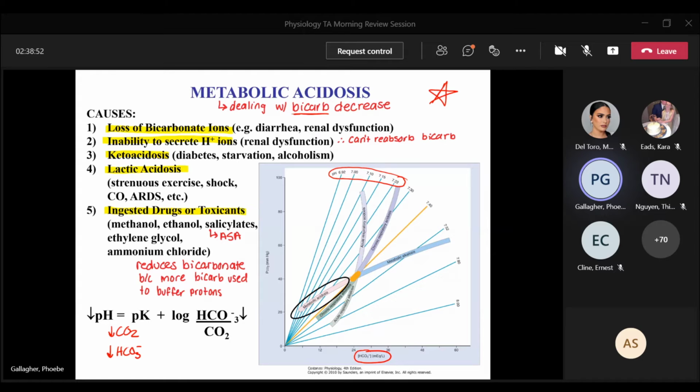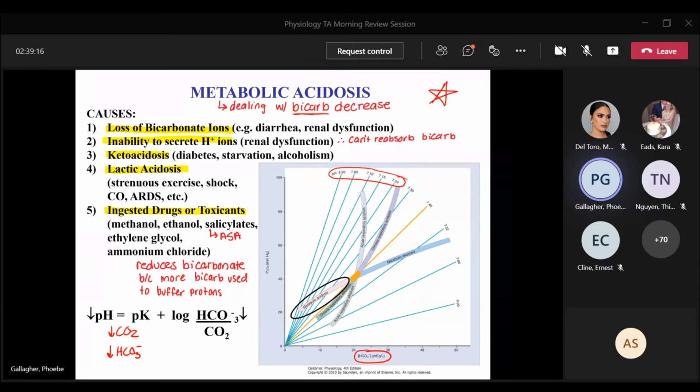On top of that, I think this is prior to respiratory compensation, because your lungs will start to hyperventilate to try to get rid of some of that CO2. So that could also be contributing to a drop in CO2 in metabolic acidosis as well.